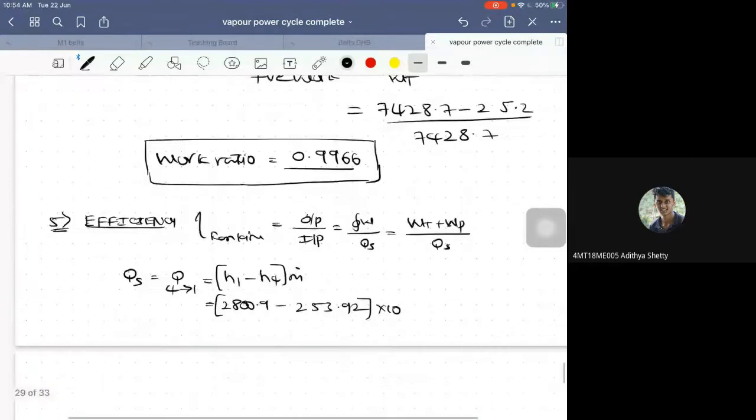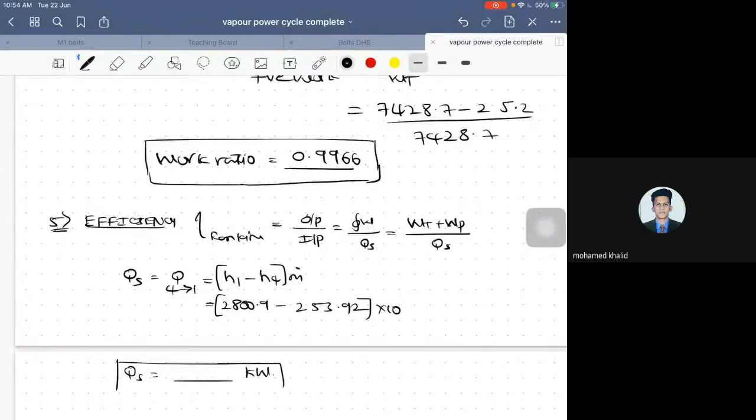So this is the value of QS, and you get it in kilowatts: 25469.8.